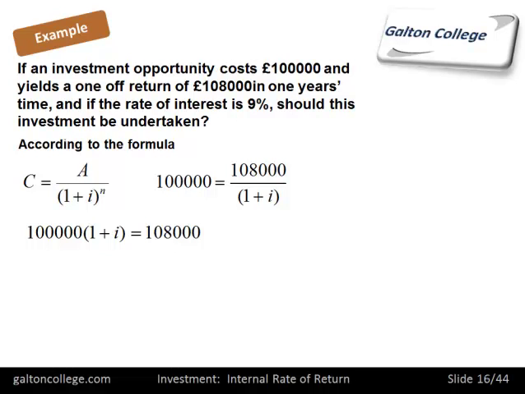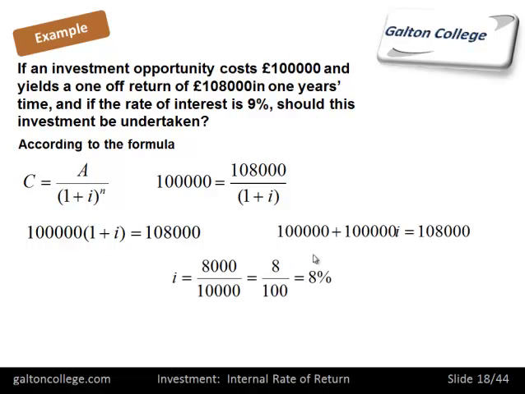And getting rid of the brackets gives us this, and subtracting 100,000 from 108,000 gives us 8,000 on the right hand side. So 100,000 I equals 8,000, divide by the 100,000, and we get 8%.